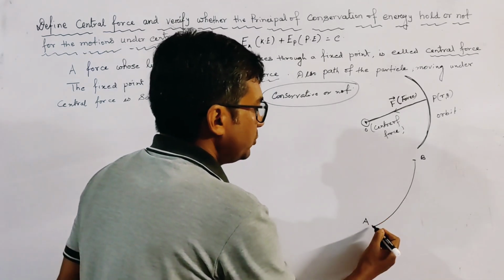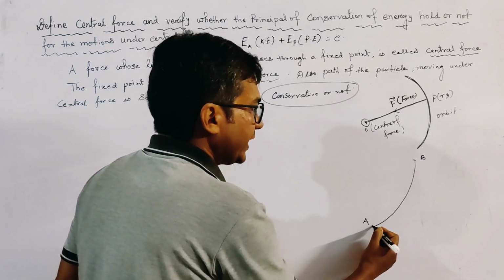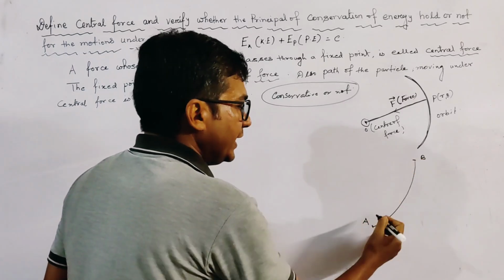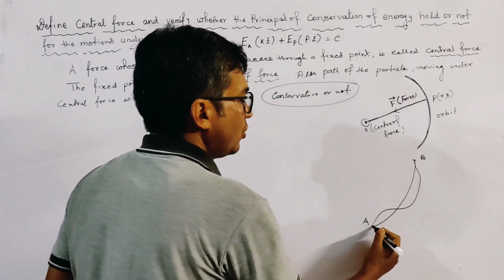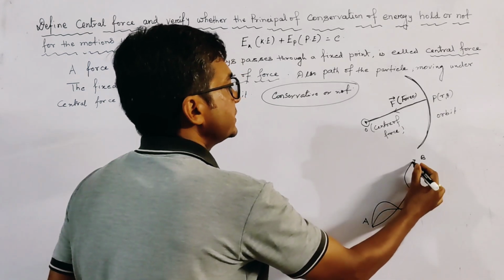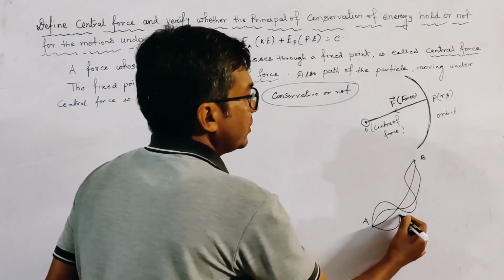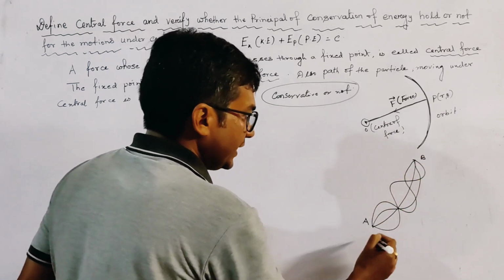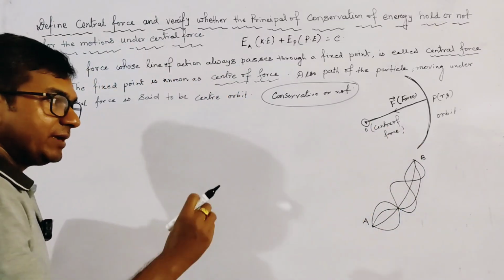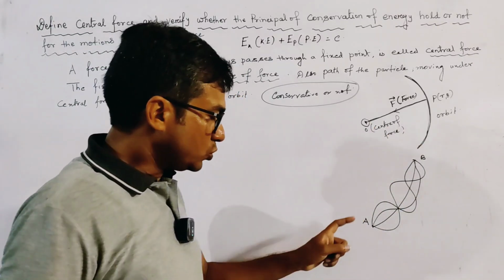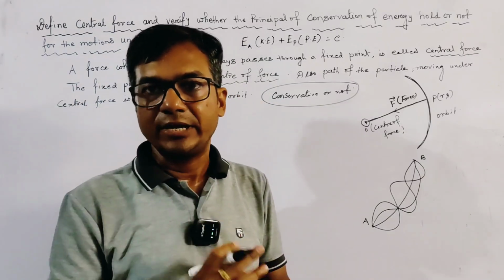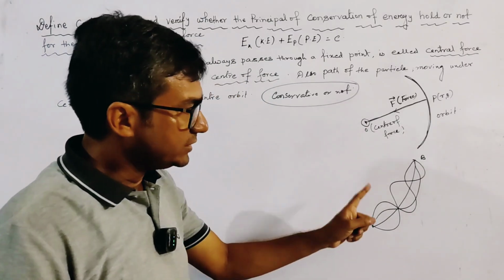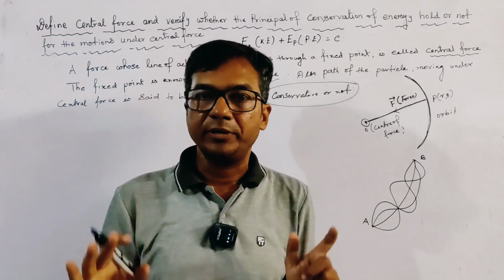That is, if we go from the point A to the point B along different lines, and in all the lines the work done to go from A to B is equal or constant, then we say that this force field is conservative.